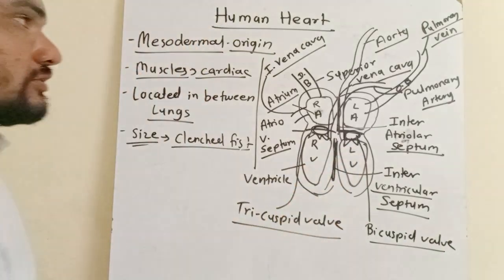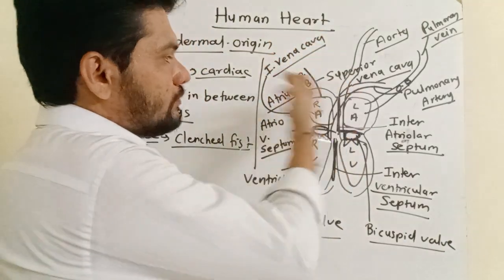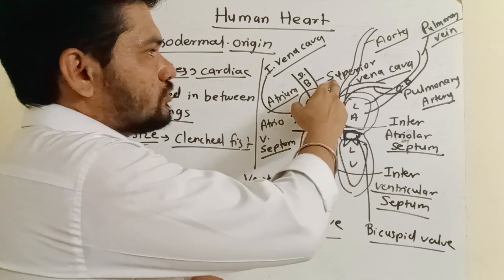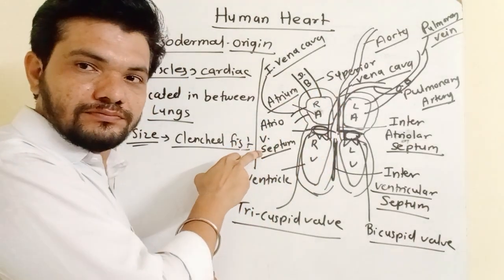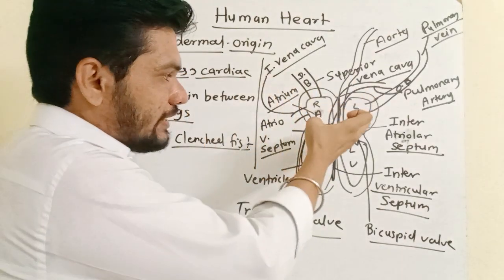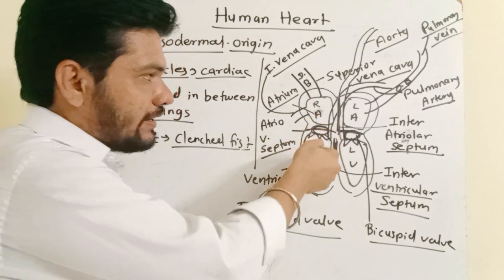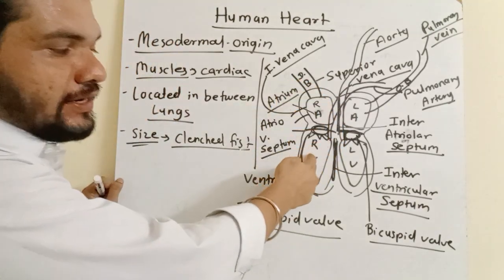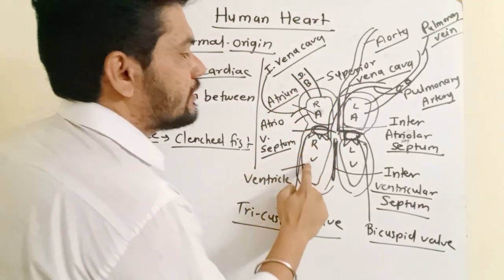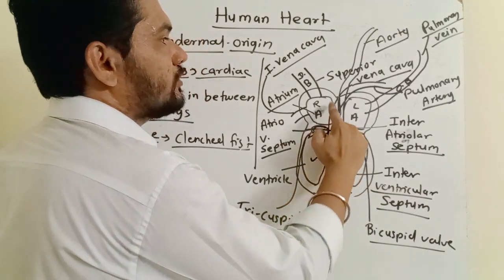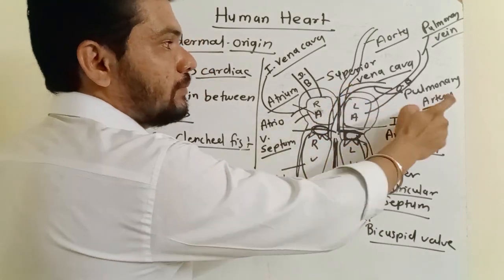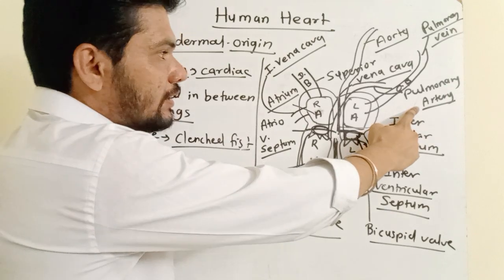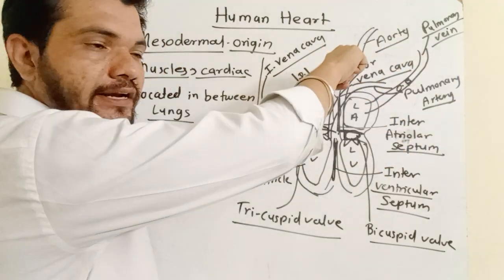Okay, deoxygenated blood comes into the right atrium with the help of the superior and inferior vena cava. Then when the atrium contracts, this wall opens and blood comes into the right ventricle. Then the right ventricle will transport this deoxygenated blood towards the lungs with the help of the pulmonary artery. Then the lungs will oxygenate this blood.